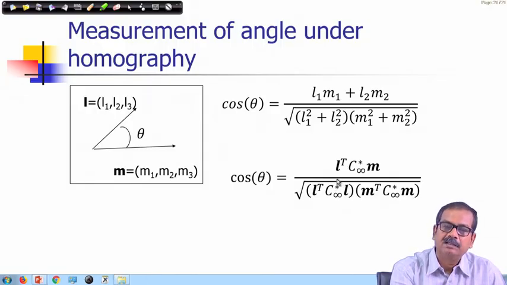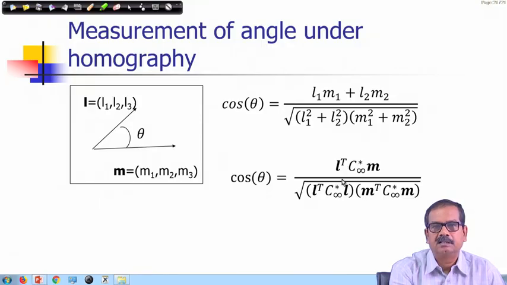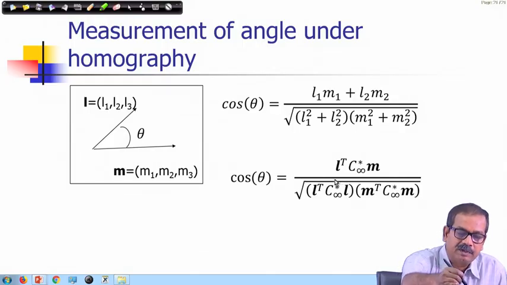In particular, for this product L transpose C infinity star M, even if I perform a homography, the corresponding lines and the corresponding dual conic at infinity transformed under the homography also preserve the same quantity.